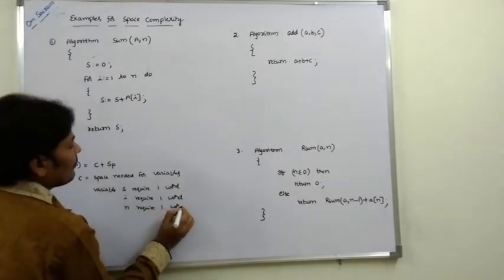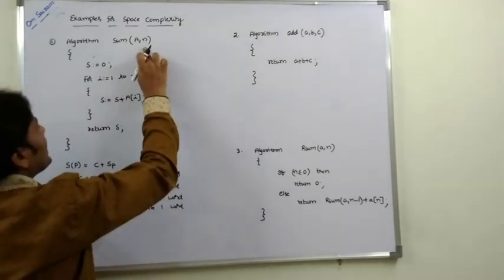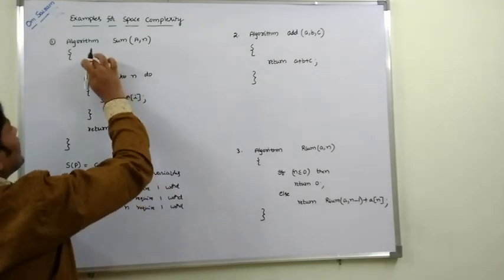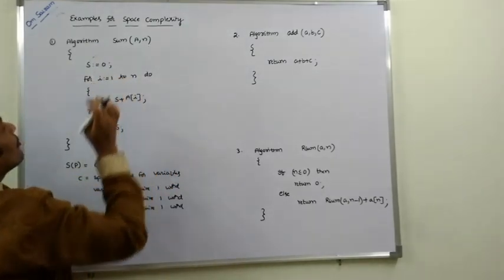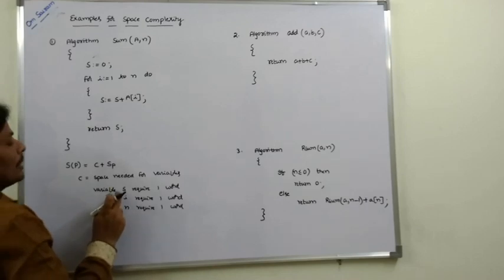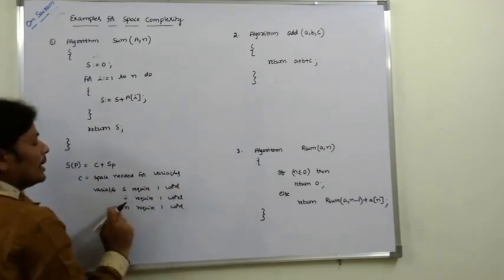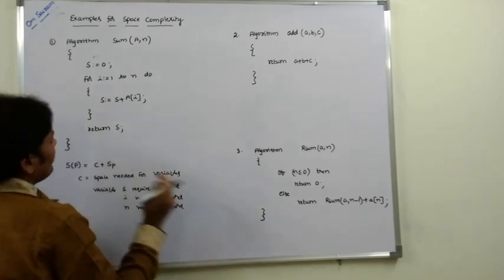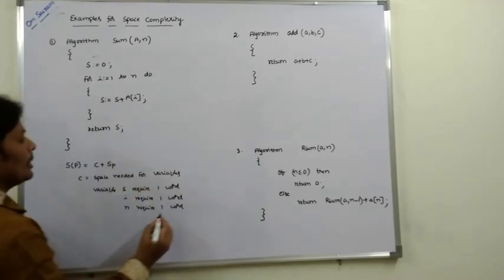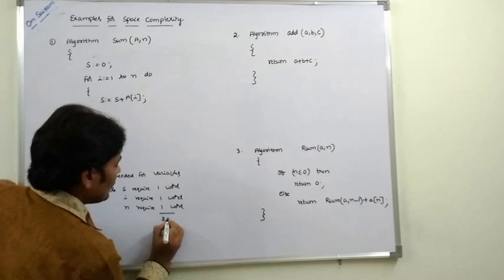So how many variables are there? N is one variable, S is one variable, loop variable is I. Variable S occupies one word, variable I occupies one word, variable N occupies one word. So in total that is 3 words.